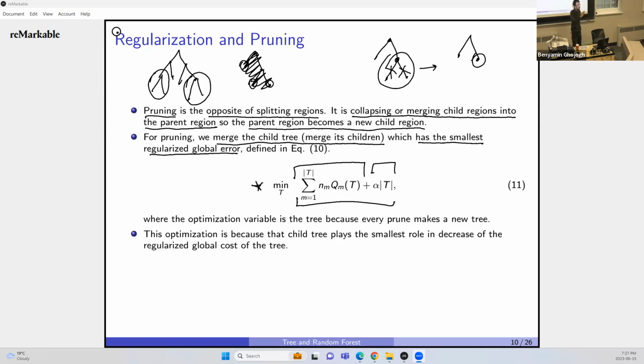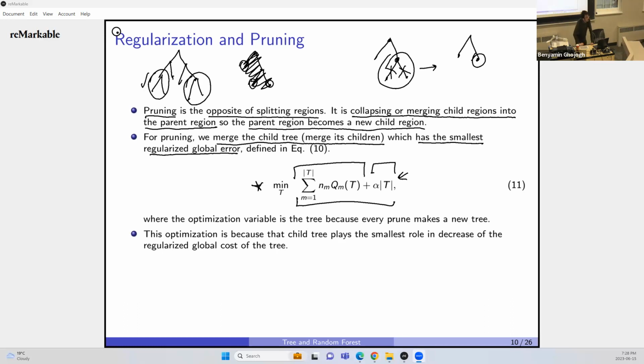So among the trees, the tree is good which has the least amount of this global error. But why do I consider the children with minimum value of this to be pruned? Because those children will have the least amount of role in decreasing this cost. Did you get it? Think about what I'm saying. I want this to be minimized in the tree, decreased.